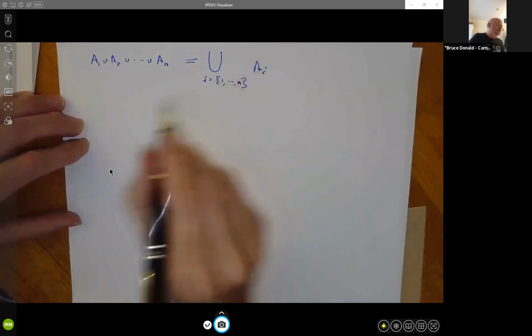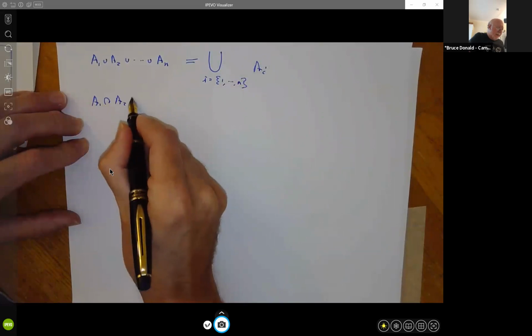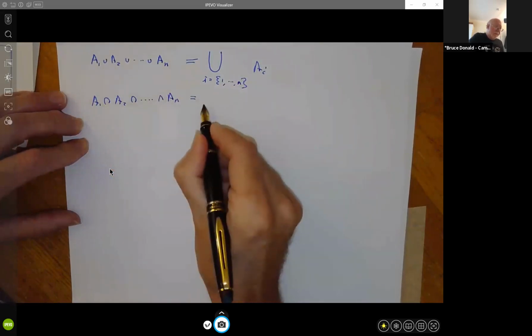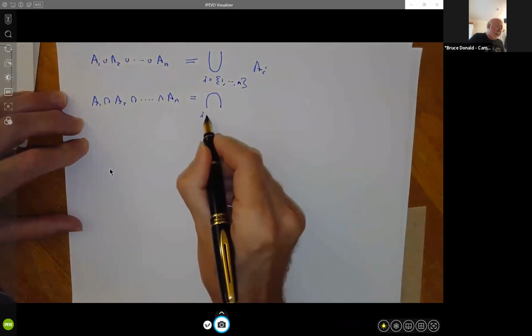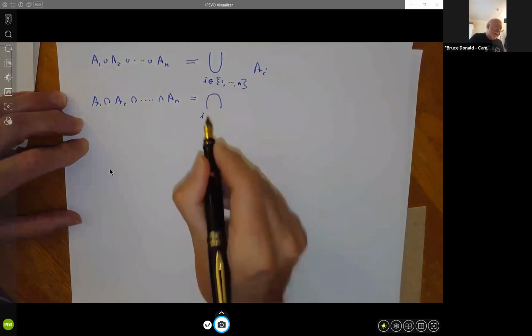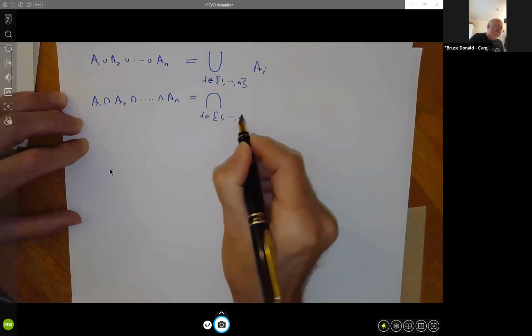And similarly for intersections, if we have A1 intersect A2 intersect all the way up to An, that's equal to a big intersection, again, for i within 1 up to n.